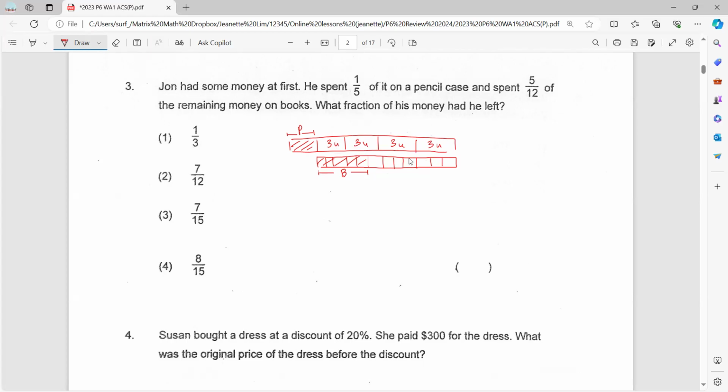So for pencil case, I will also write in 3 units. So what fraction is left? The amount left to be 1, 2, 3, 4, 5, 6, 7. 7 units. And my total is 3 units times 5, a total of 15 units. The amount left is 7, so 7/15.